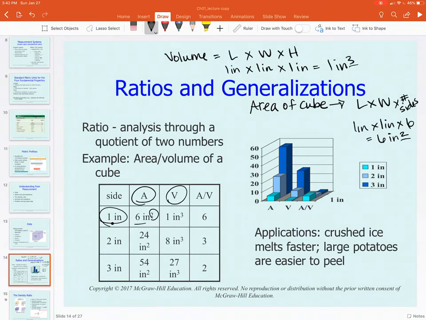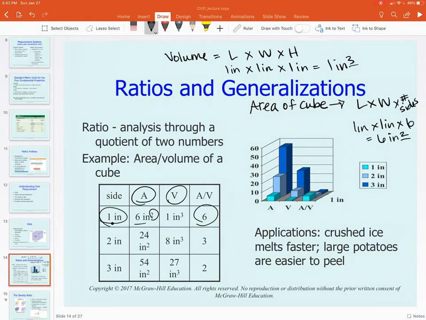Okay, so this squared and this cubed tells you whether you were talking about area or volume. So if we do the ratio of the area to volume, then we simply take 6 divided by 1, which is just 6. That's our ratio.